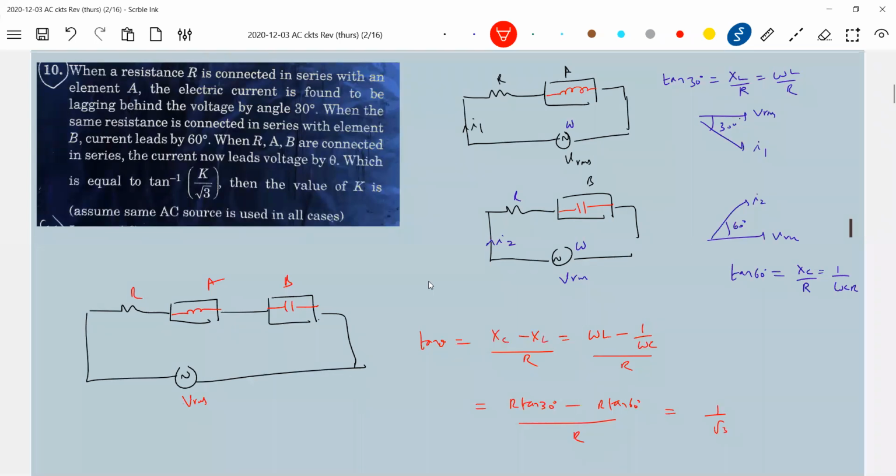Okay, this will be root 3 minus 1 by root 3. So what is tan theta finally?